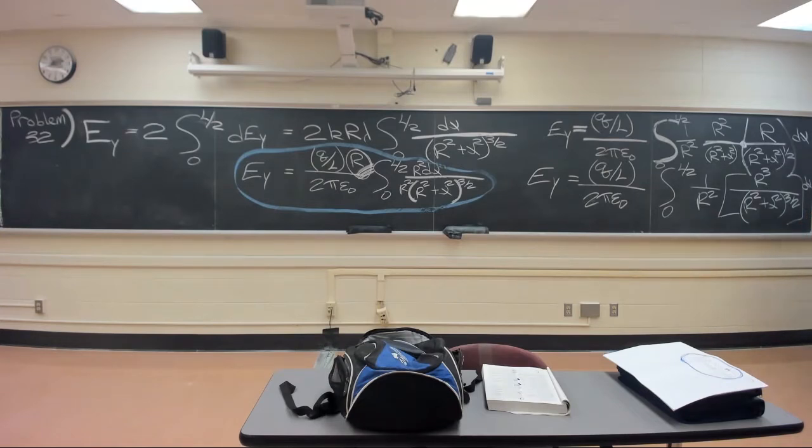What is this? This is basically the R over the square root of all this. This quantity is the same as this quantity cubed. This over the square root of all this, which is the cosine of theta, by the way, this over the square root of all this cubed gives you this.